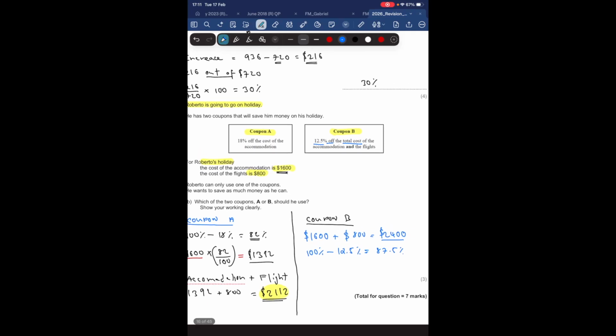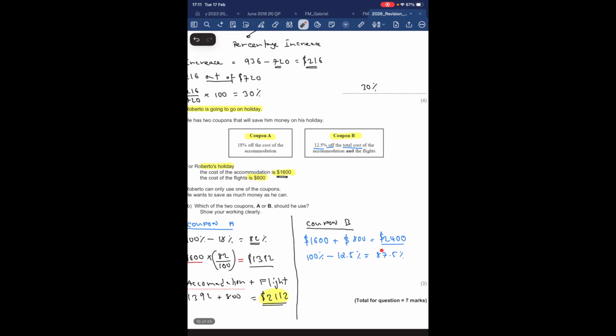So if I now work out 87.5% of 2,400, I will get the cost of the holiday using coupon B. So 87.5% will be 87.5 over 100. I'm going to multiply that by 2,400, and that will give me $2,100.